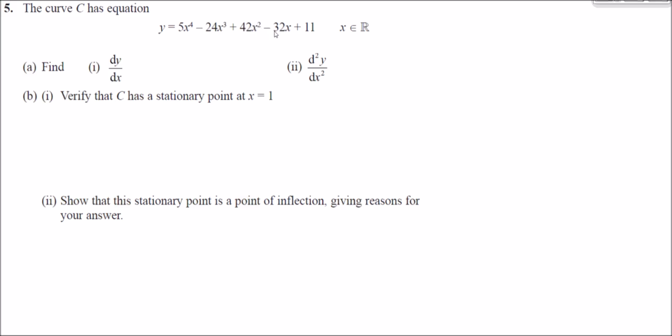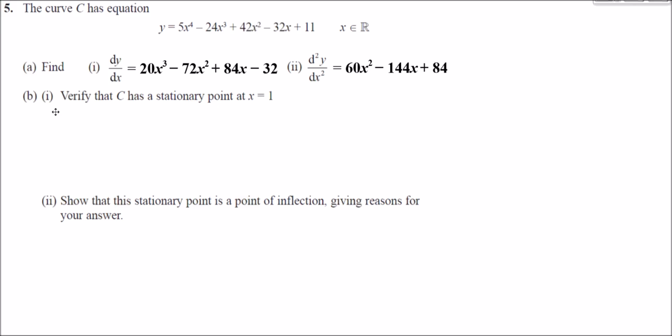Minus 32x will just become minus 32, and the constant will just disappear. So dy by dx becomes this, and going 1 step further in the same way, d squared y over dx squared just means to differentiate dy by dx again. That's going to give us 60x squared minus 144x plus 84.